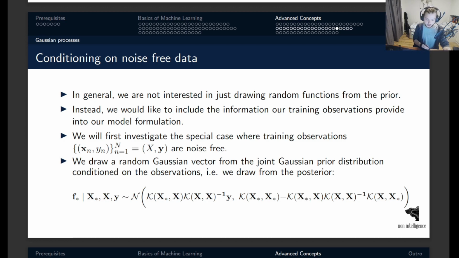And if we then apply Bayes' theorem to arrive at the posterior, given the prior that we defined on a previous slide, we arrive at this statement. So the random variable, our predictions for the test observations, given the test observations, the training data set, and our labels for the training data set, are drawn from a multivariate Gaussian density, where the expectation is this expression, and the covariance matrix is this expression.